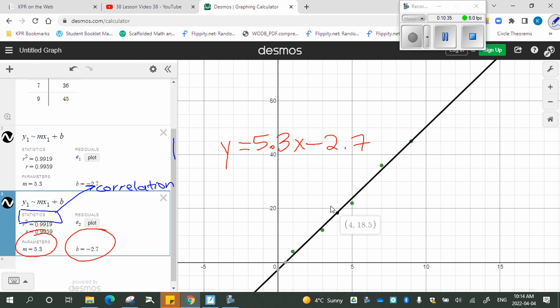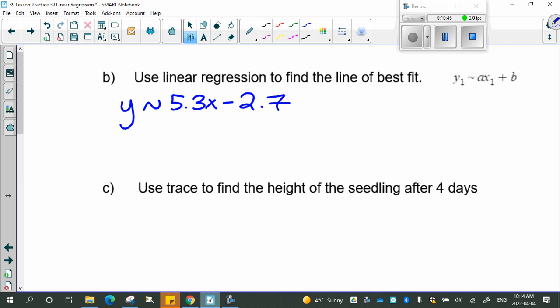Okay, so 4 and 18.5. So then you go back over here. Where are we at? Here. 4. So the graph told us 4, 18.5, which this is the day, and this is the height.